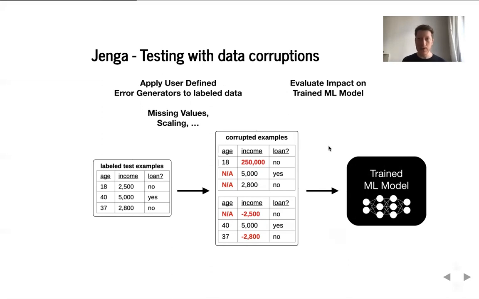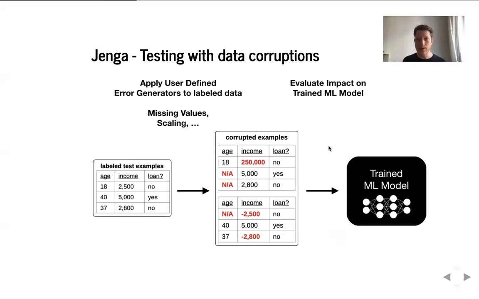Now, applying corruptions to data is nothing new. The machine learning community has been doing that for decades. One of the best examples, I guess, is Chris Bishop's paper in the 90s, where he showed that injecting Gaussian noise into data before training a neural network on that data is equivalent to applying L2 or Tikhonov regularization on the weights of your neural network, which is also known as weight decay.